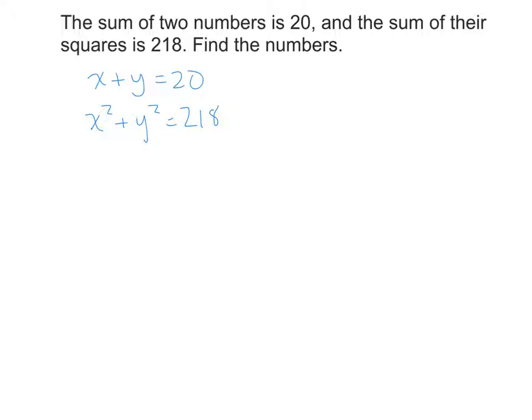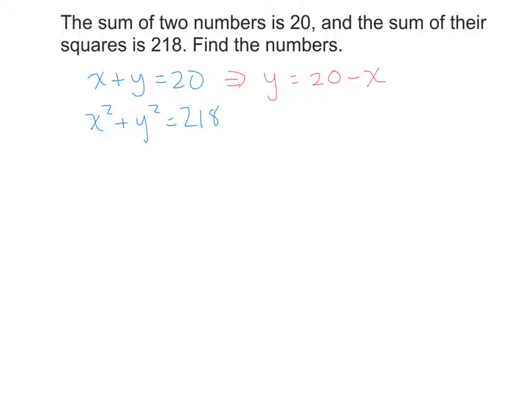Now, what we're going to do is use our substitution method of converting this equation into y equals 20 minus x by subtracting x from both sides. This allows us to substitute into the other equation and get an equation that has only one variable in it.